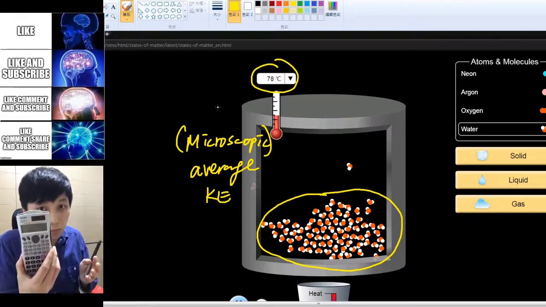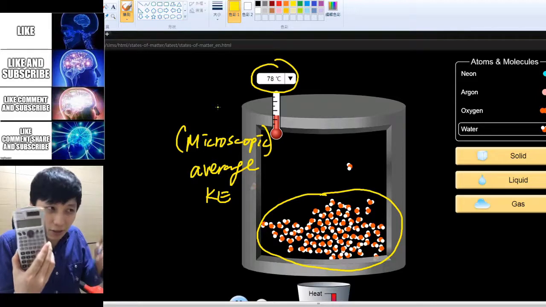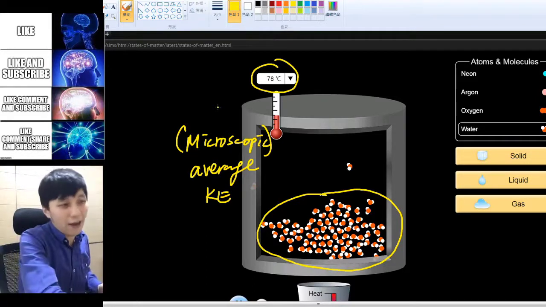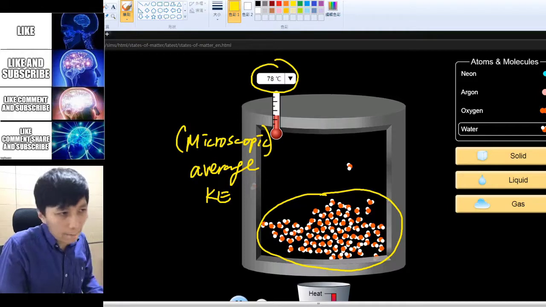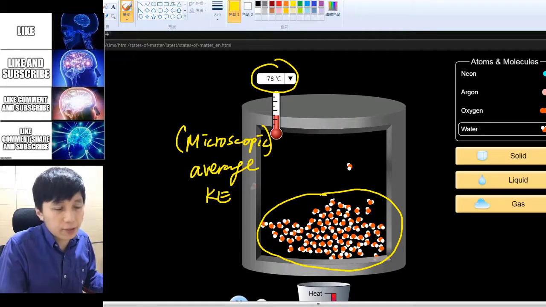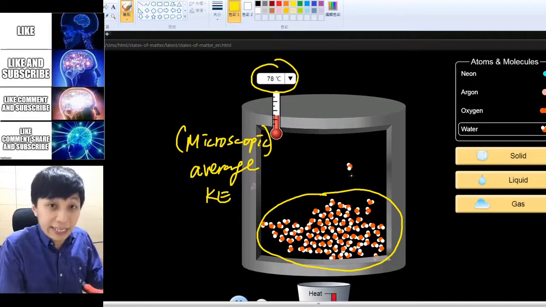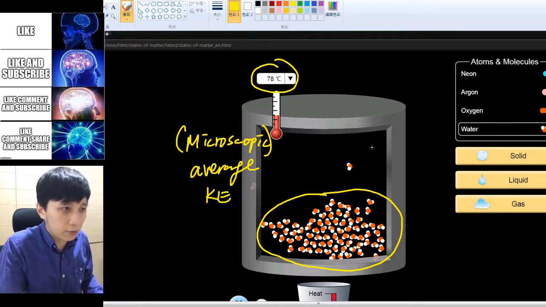So it's vibrating. Can you see that? Of course you cannot, because it's microscopic average kinetic energy. Anyway, back to here, you may realize that, hey, so what? They have KE, of course, but that doesn't mean they can escape from the attraction force between the particles.